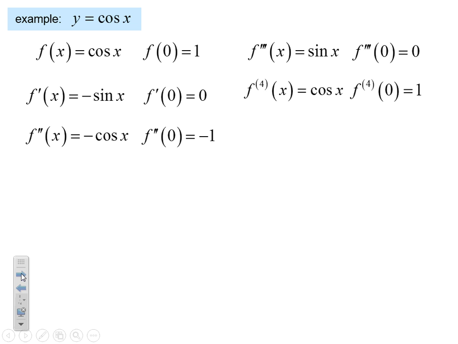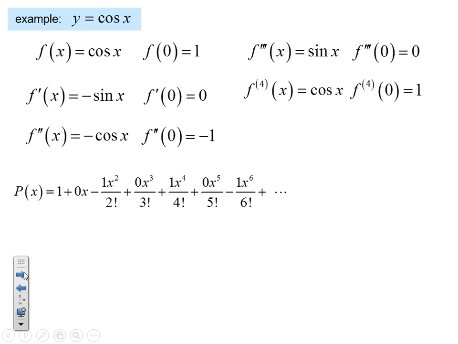Let's talk about our polynomial. Once you get to the fourth derivative, you write the number. So we have 1 over 1 plus 0 over 1 times x.